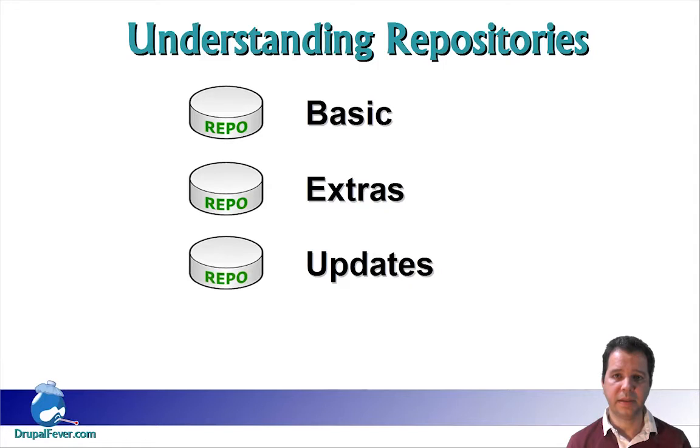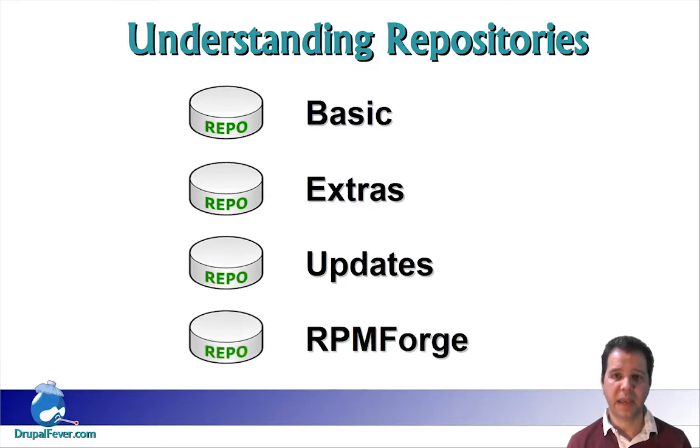That's the case with the VirtualBox kernel module. This software is available for free from the RPM Forge repository. So we will first set up the RPM Forge repository on our CentOS installation.